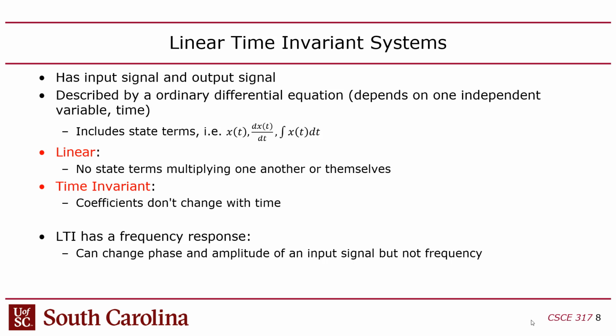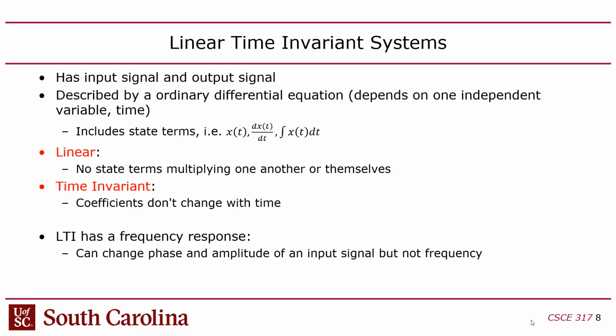What that means is that it's linear in the sense that each one of the state terms, and a state term is a function of time, right? So if it's a circuit, you might have current as a function of time or voltage as a function of time. In the case of a greenhouse, you have temperature as a function of time.